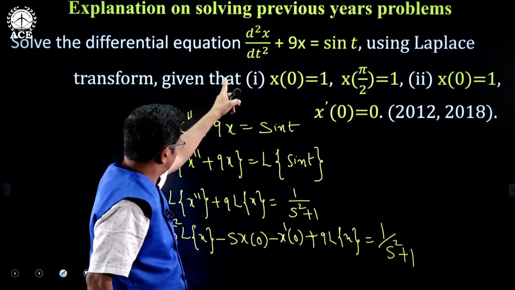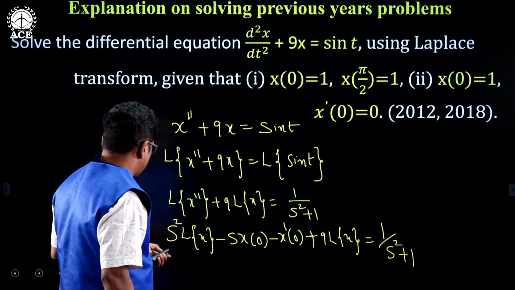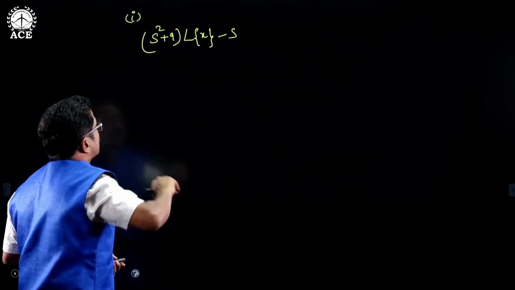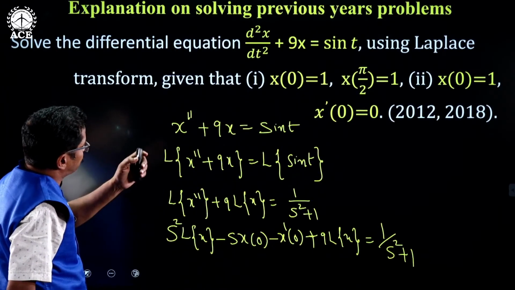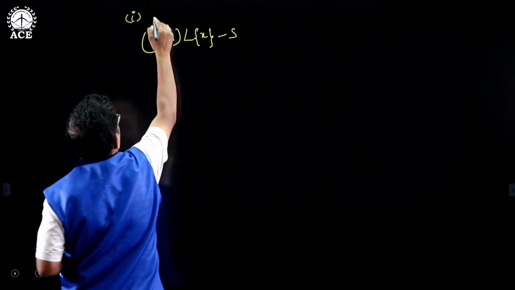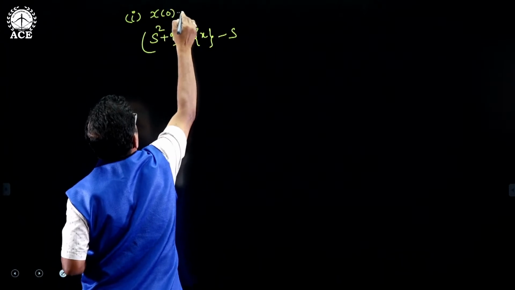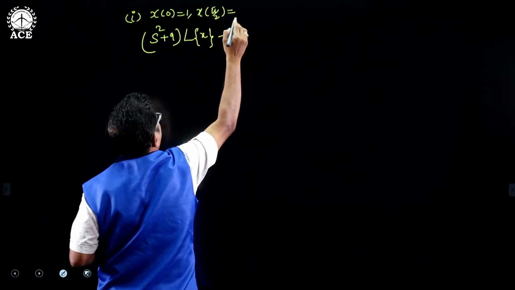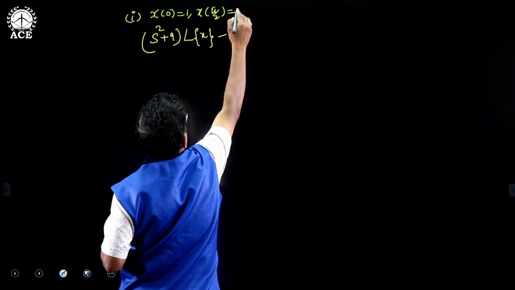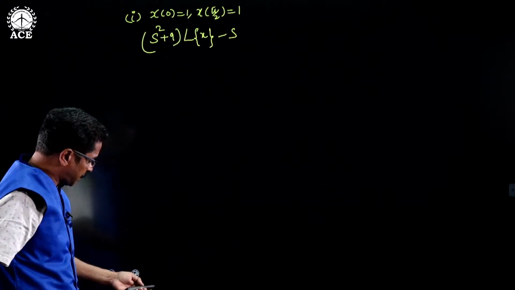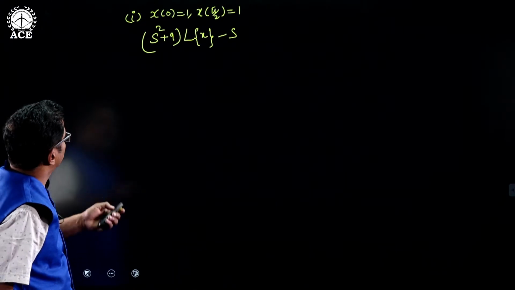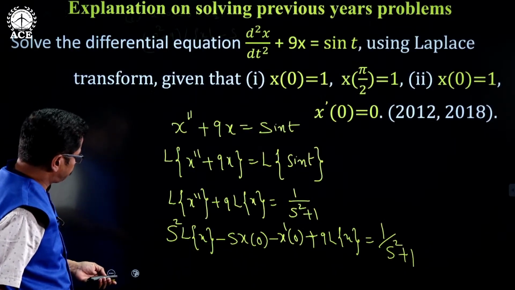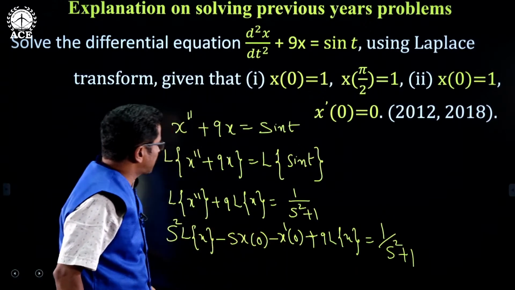Here, with respect to the first question, x dash of 0 is equal to 1 provided, and x of pi by 2 is provided as 1. So with respect to the first condition I am evaluating this, which is s minus x dash of 0.